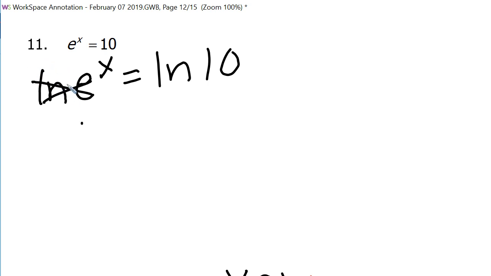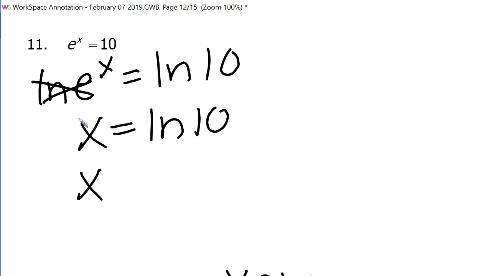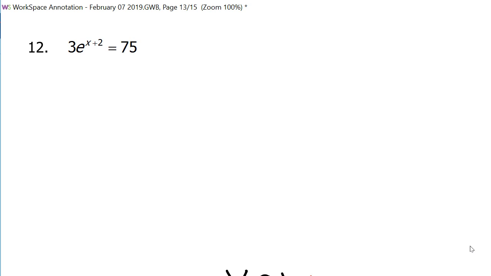That cancels, so this is just x equals natural log of 10. Now let's get ready for the calculator. What's natural log of 10 to the nearest thousandth? 2.303. We agree? Okay. 4 more to go.